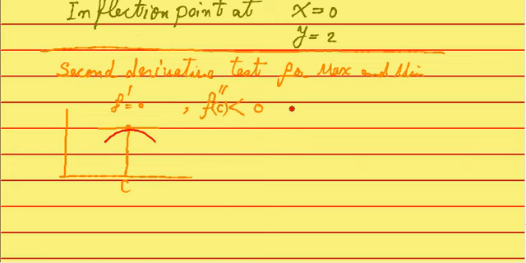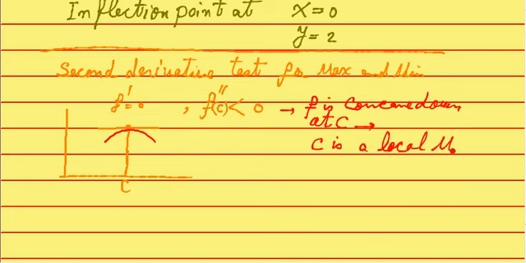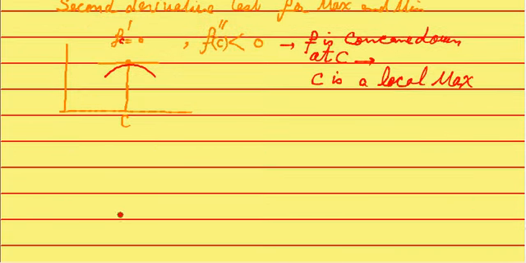So f is concave down at C, hence C is a local maximum. See how tricky the reasoning is? If you know the derivative is 0 and the second derivative is negative, you automatically conclude that it had to be a local maximum. You don't have to go through the trouble of making the first derivative chart.